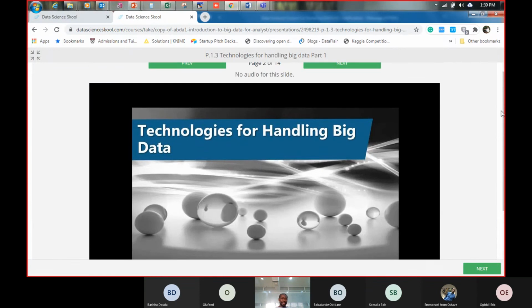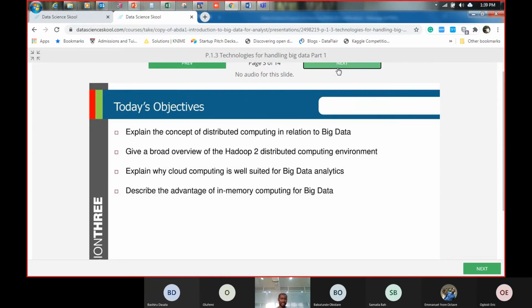So we've been talking about big data. We've talked about the applications of big data. So what are those technologies that we use in handling big data?